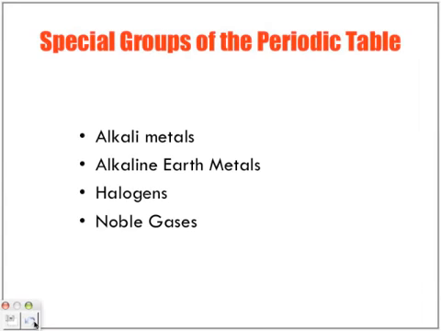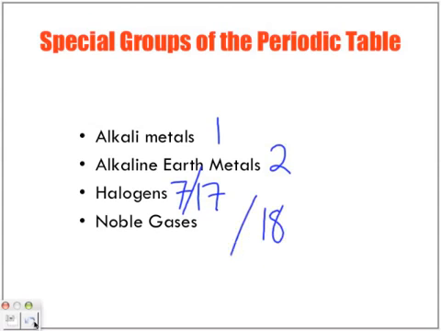Special groups of the periodic table: alkali metals, alkaline earth metals, halogens, and noble gases. So, group 1, group 2, group 17, and sometimes we might refer to it as group 7, as we're going to see. And the noble gases are group 18, and sometimes we'll refer to them as group 8. This hint will help us later on when we're drawing actual atoms.